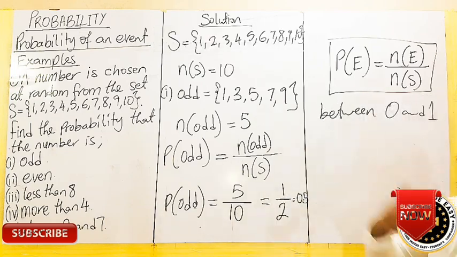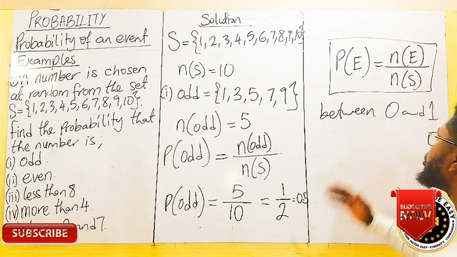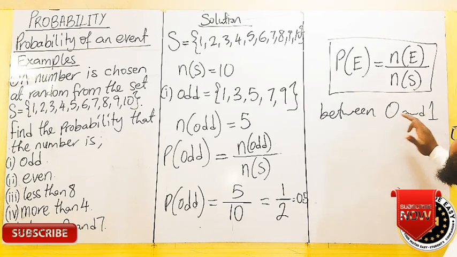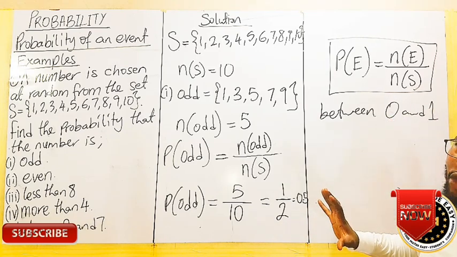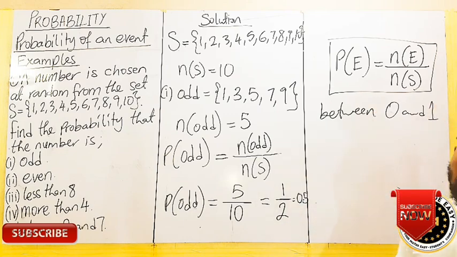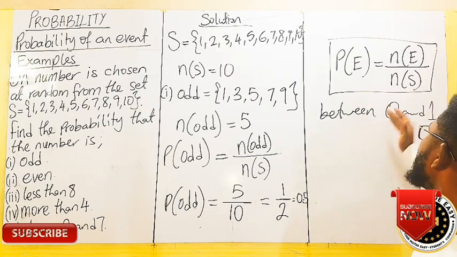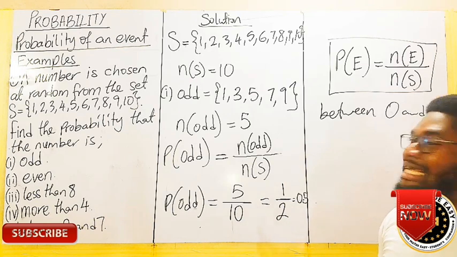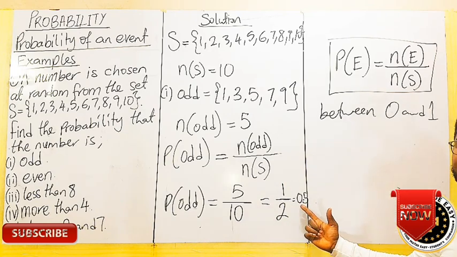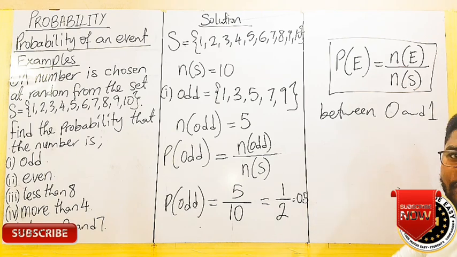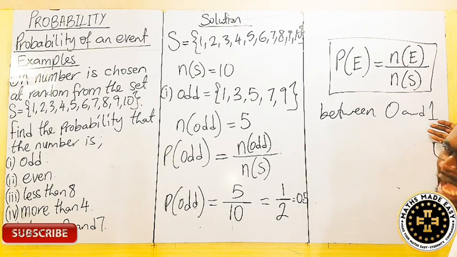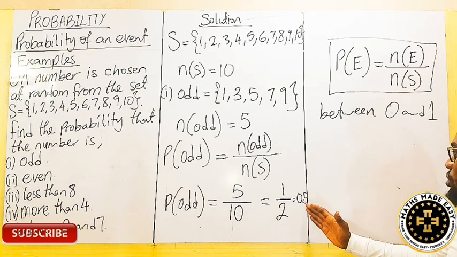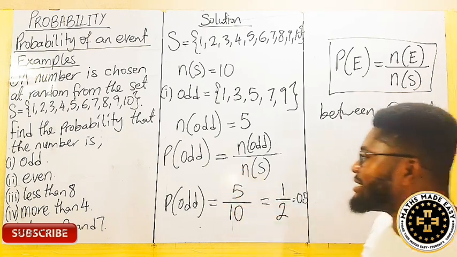Also, you can't get more than 1 as an answer for probability. 0 means the event cannot occur, and 1 means the event is certain to occur. That's why I'm getting 0.5 here. So 0 to 1 means 0.1, 0.2, 0.3, 0.4 up to 0.9, and that brings us to 1. Are you getting the whole thing? So 0.5 is correct. Let's look at the second one.